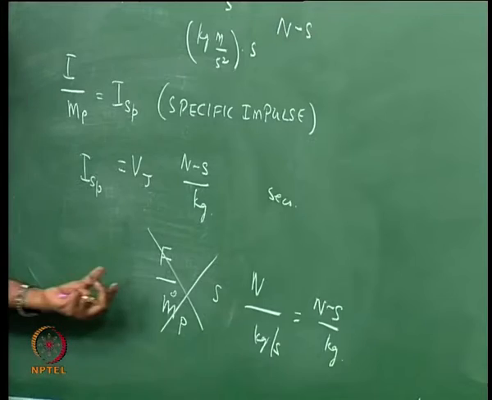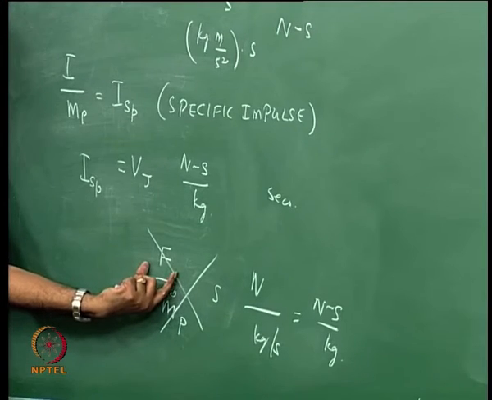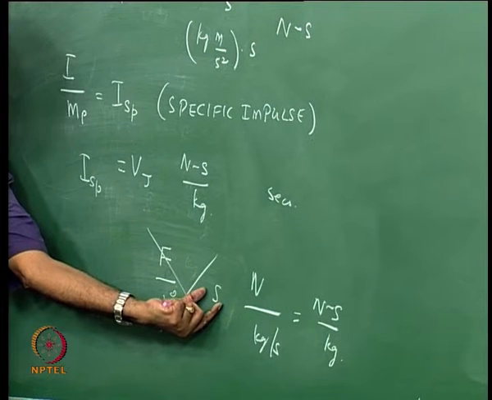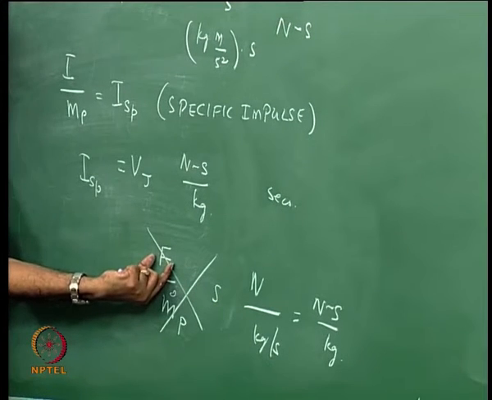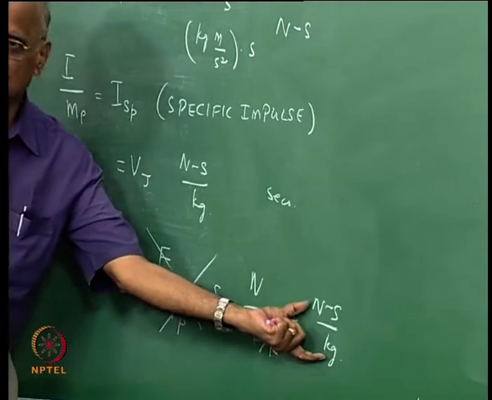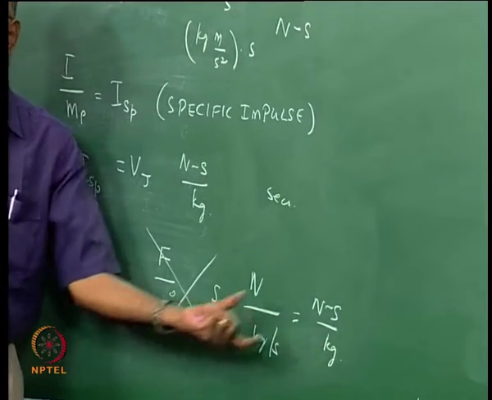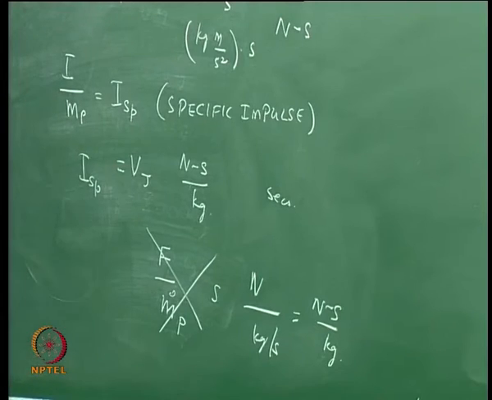In fact, these units are important, so please be careful when you read a book which says specific impulse in seconds. Maybe the author is talking in terms of force in kilograms, so it is necessary for us to correct it, multiply by 9.81, and then have this unit coming. Maybe I will take an example as I go along.